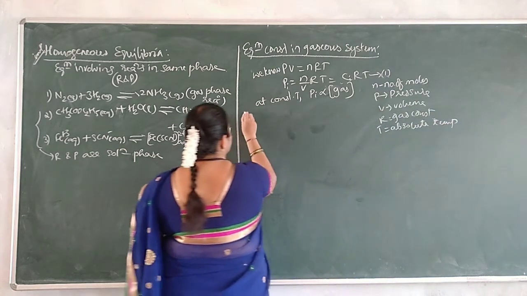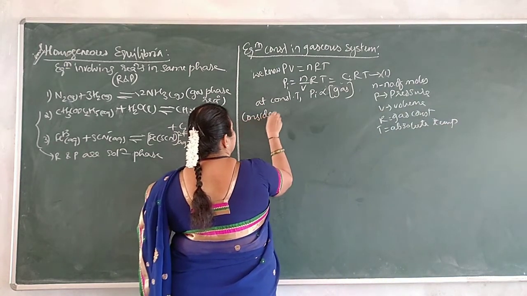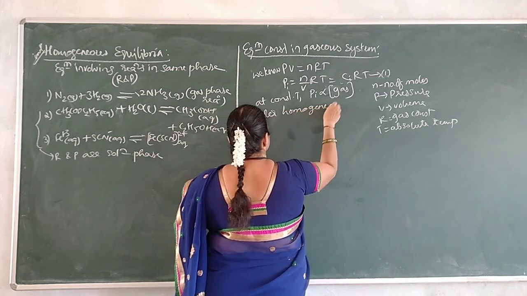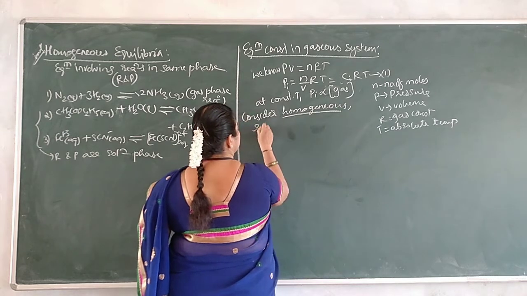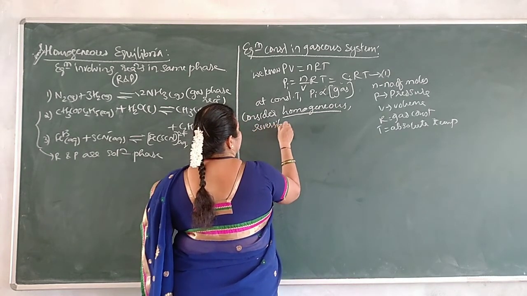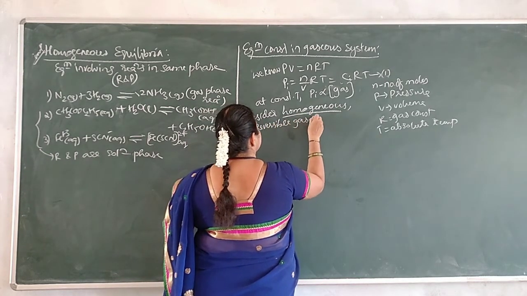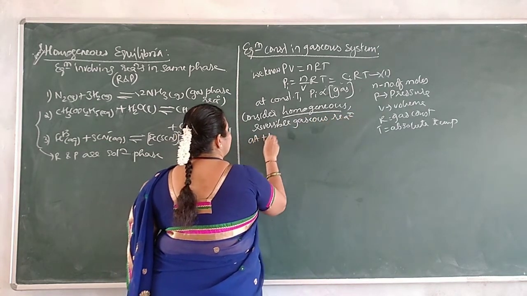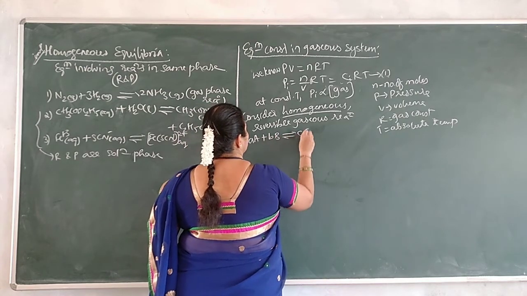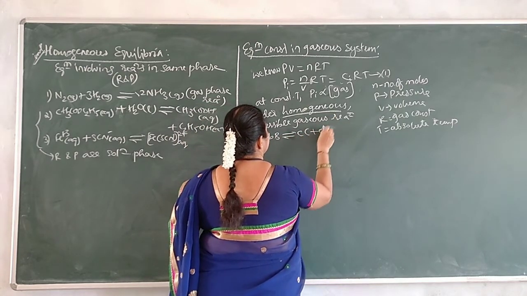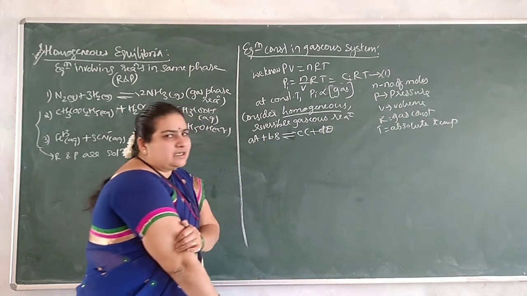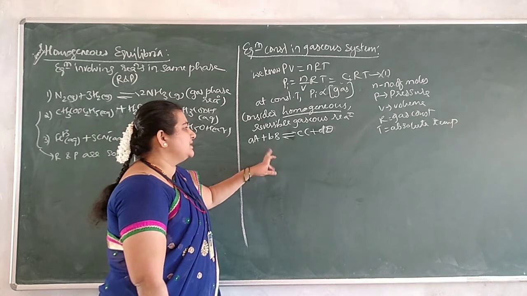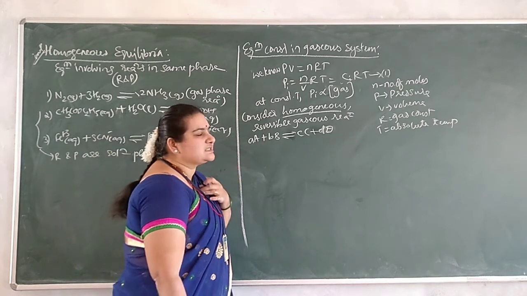Now consider a homogeneous reversible gaseous reaction aA plus bB giving cC plus dD.